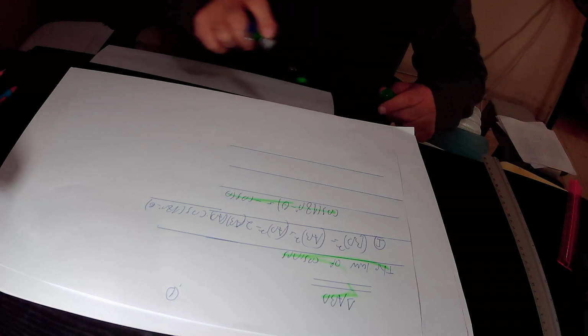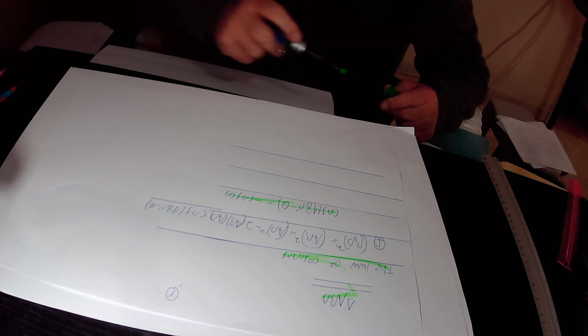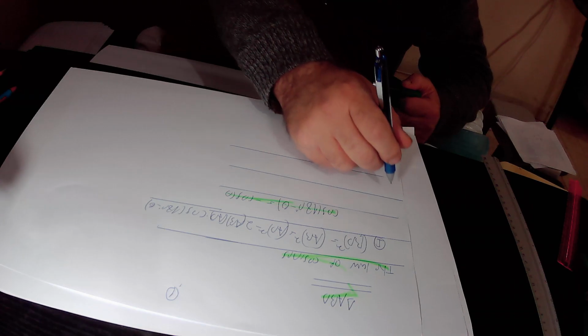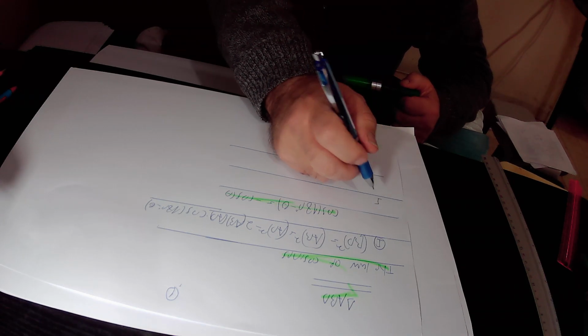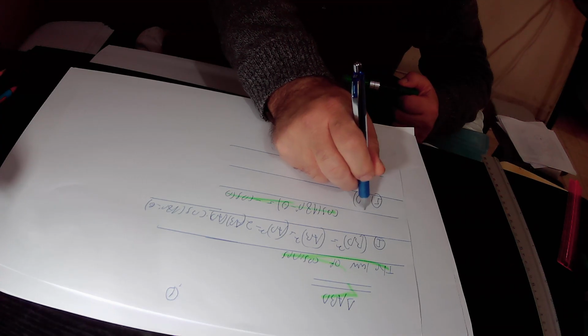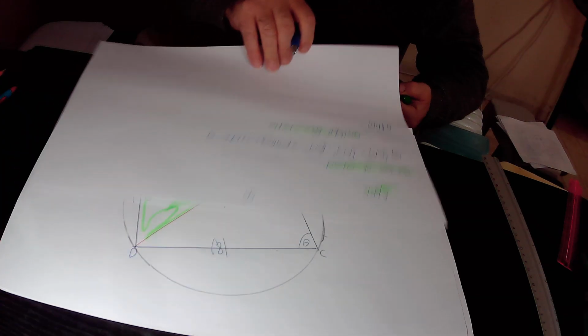So, we substitute cosine 180 degrees minus theta in equation 1 by minus cosine theta. We get that according to equation 1, BD squared equals AB squared.